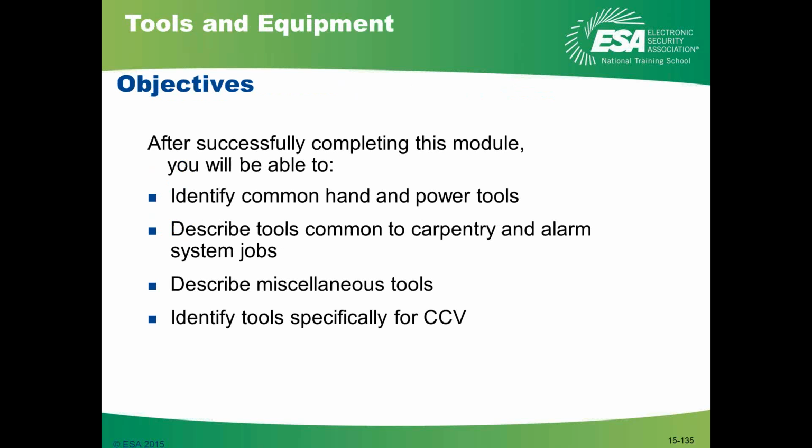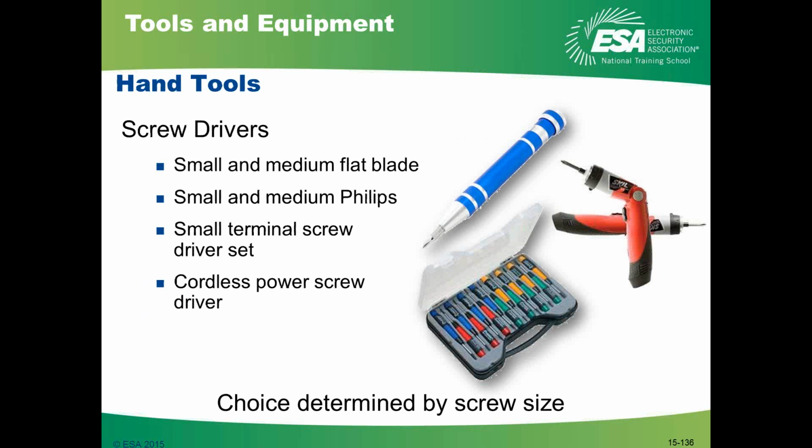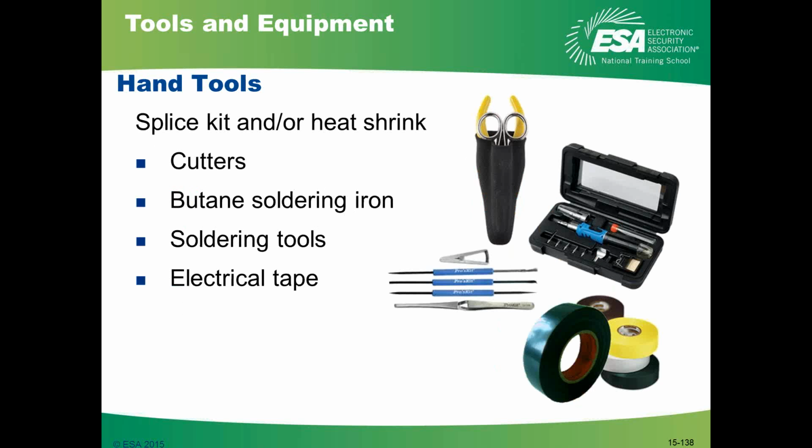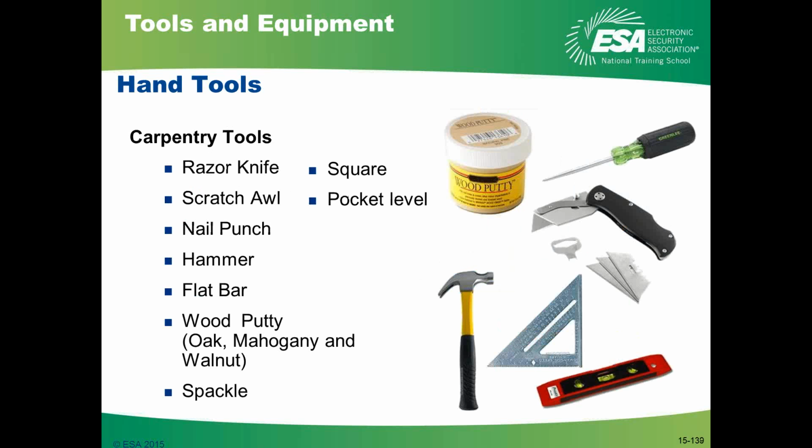Under the tools and equipment section, we moved the tools that were in troubleshooting, we pulled them into this module. Okay. We also added some other relevant tools. So we still have the small screwdrivers, the hand tools, more hand tools.